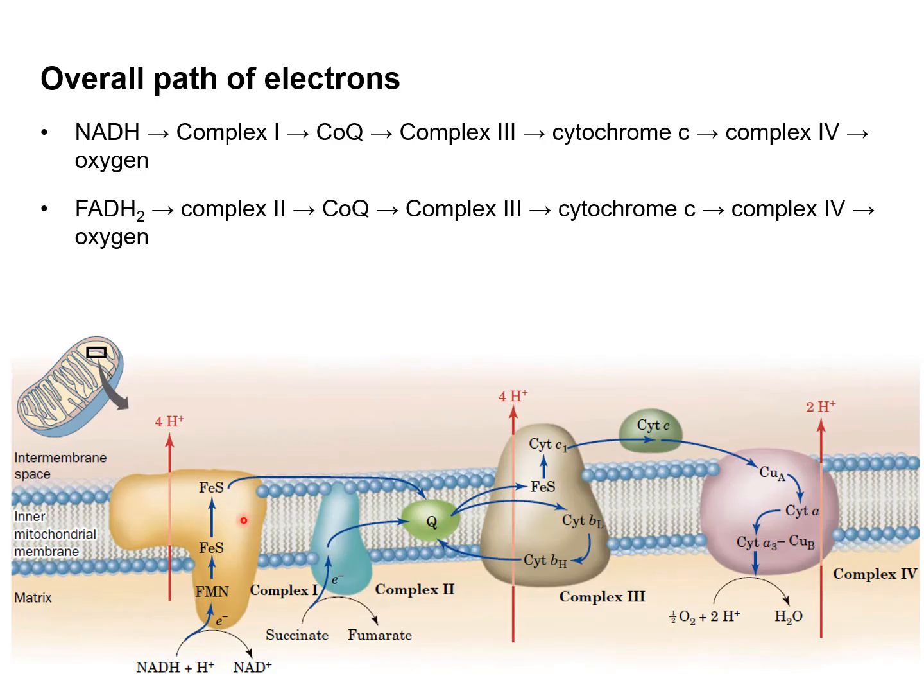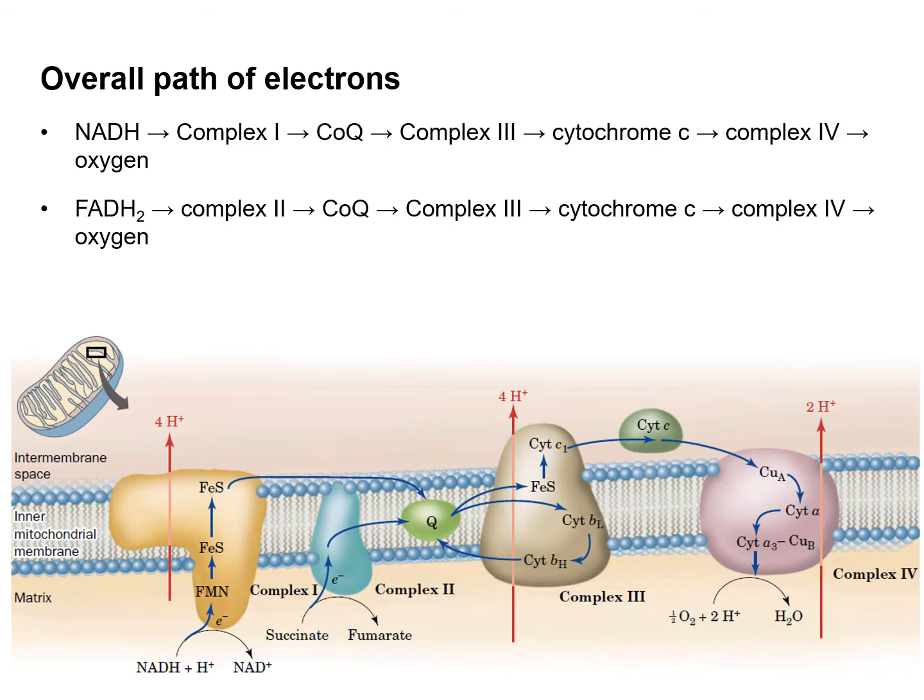So on the inner membrane of the mitochondria, there are overall two paths of this electron transfer. One is through NADH: the electron moves to complex 1, goes through coenzyme Q, and then complex 3, and then the electron is transferred to cytochrome C and complex 4, and finally to oxygen to get it reduced to a water molecule.